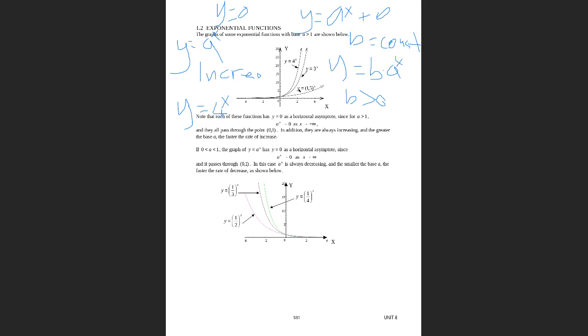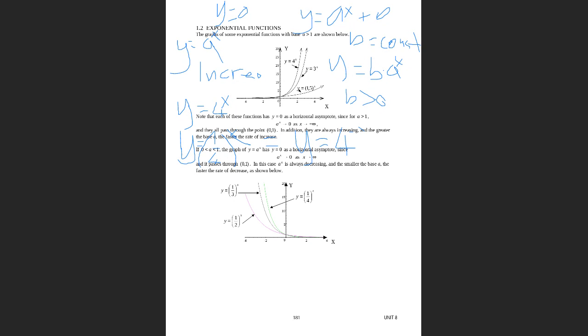If you have something like y equals 1 over 4, all exponent x, you have to note that we can simplify this like this: y equals 4 exponent minus x.